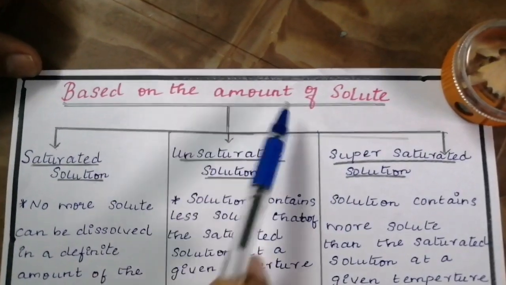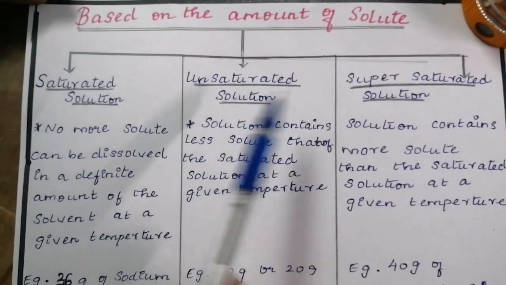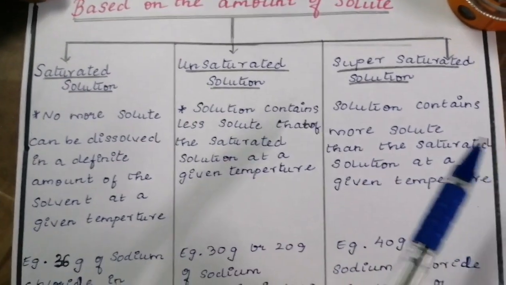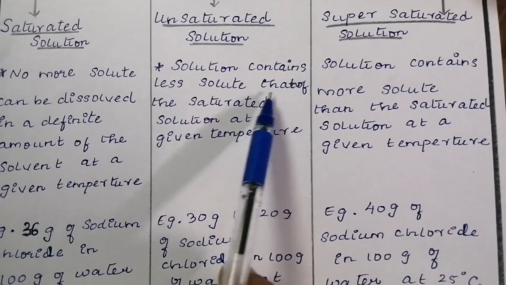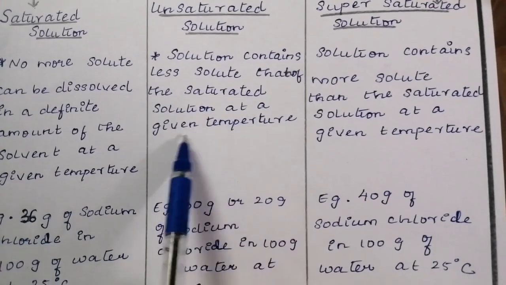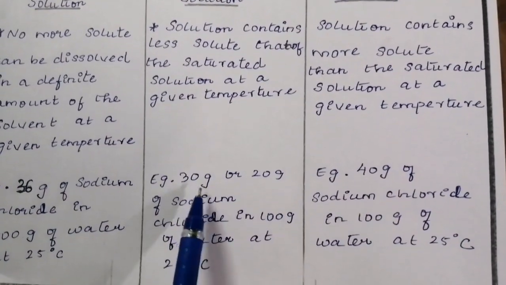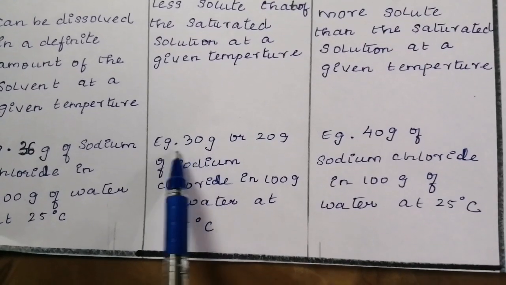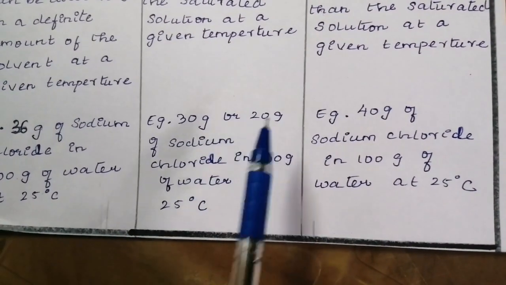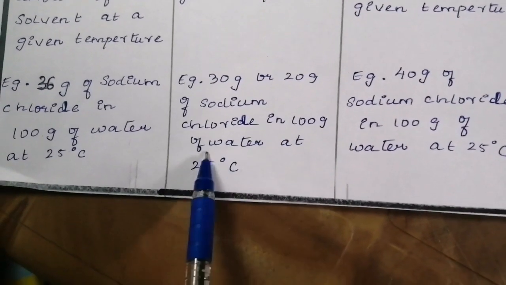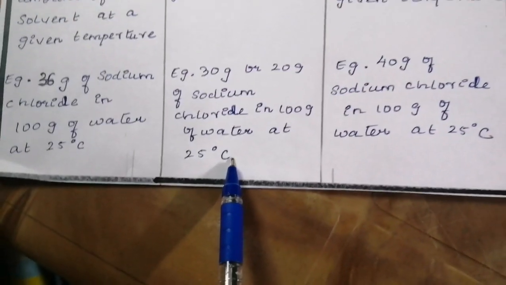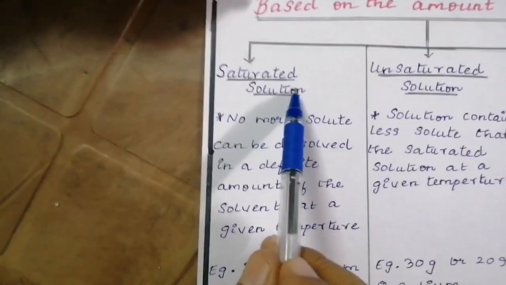I'm going to show you a flow chart on the amount of solute. So this is unsaturated solution. The solution contains less solute than the saturated solution at a given temperature. That is up to the 35th gram. Here we have taken 30 grams or 20 grams or even 1 gram sodium chloride in 100 grams of water at 25 degrees Celsius. I will move on to saturated solution.